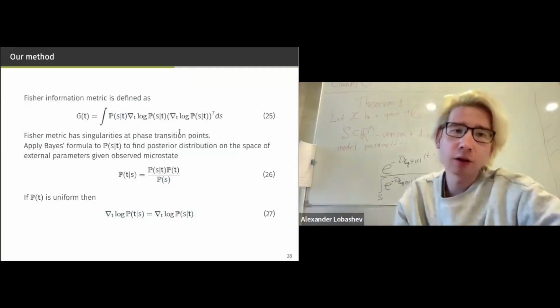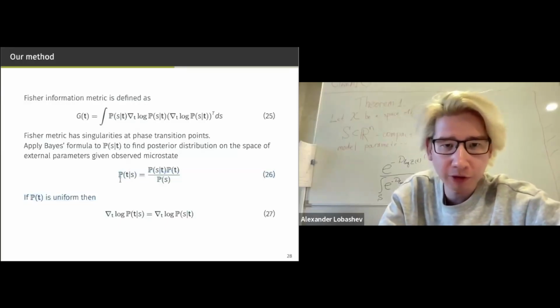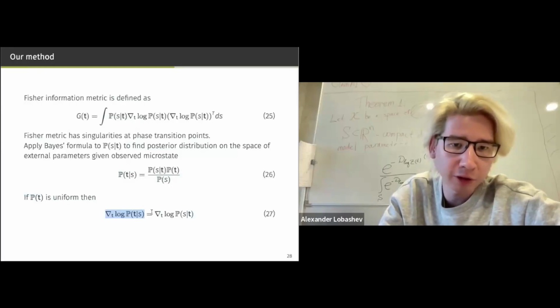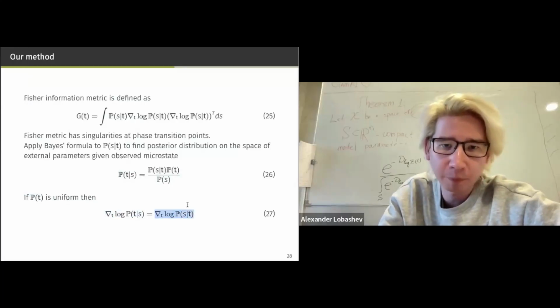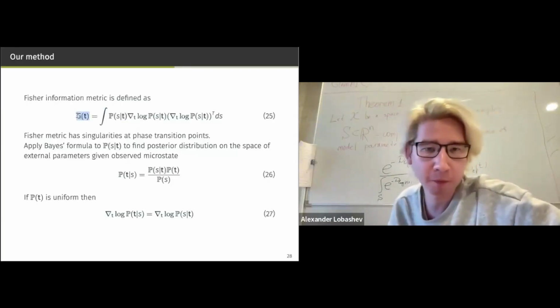So again, the important point here is that if we know this posterior distribution, we could take the gradient of the logarithm of this posterior distribution. It will be the same as the gradient in our Fisher information metric, and we could just put it here, and we will recover our Fisher information metric.